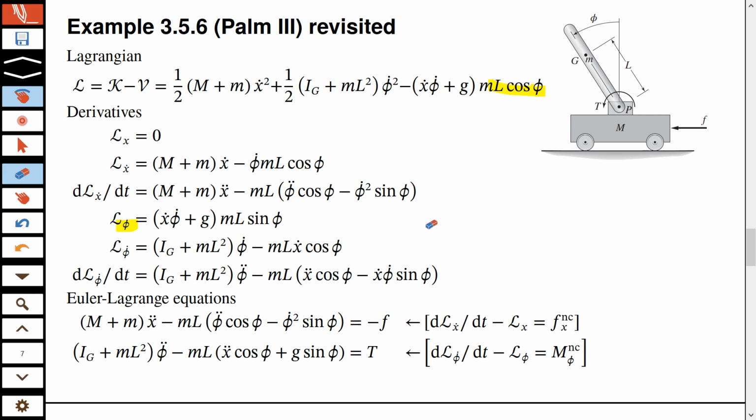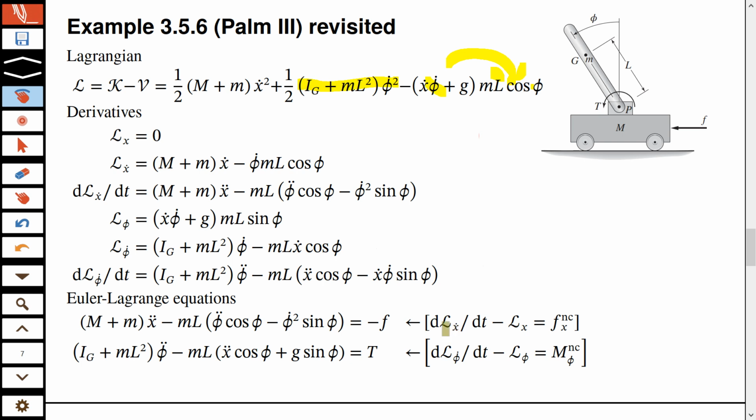And similarly, differentiation with respect to phi dot appears here and here, of course multiplied by that. So these two will give you this L phi dot, and of course you will also need to differentiate that with respect to time, and you get this from calculus. Now you have in place all the necessary derivatives.